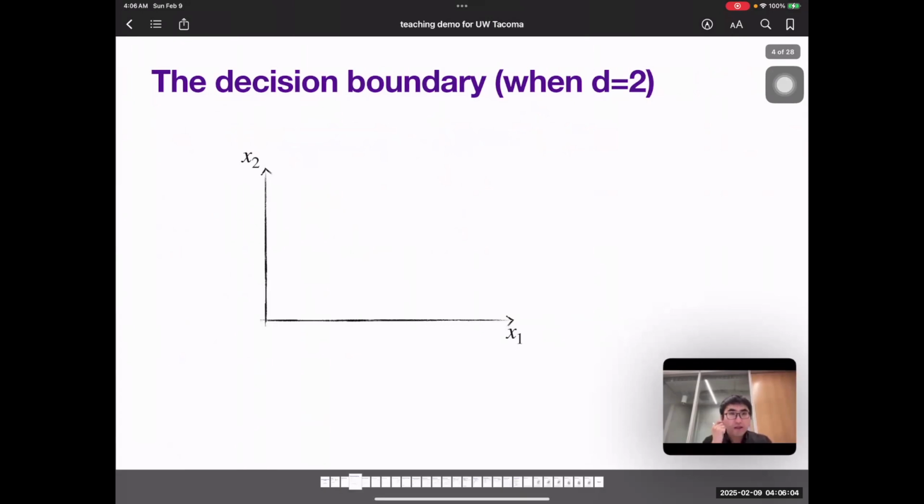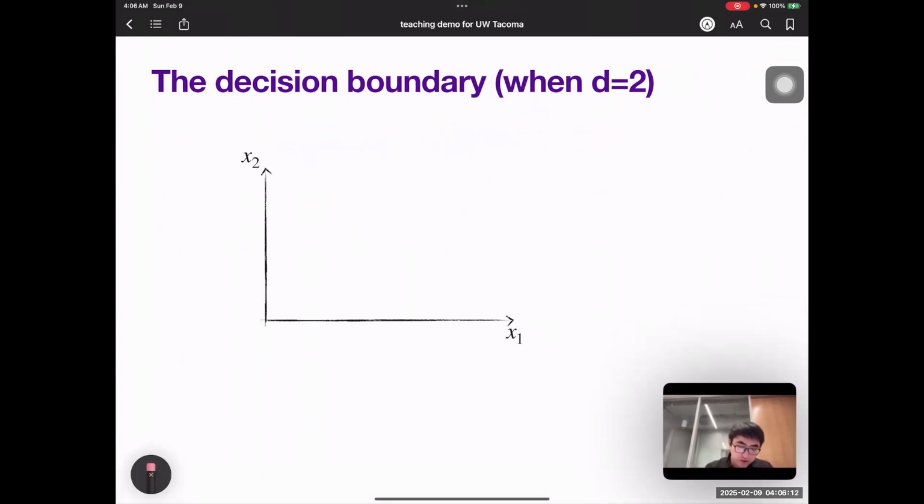An important concept in the perceptron algorithm is called the decision boundary. When D equals 2, the decision boundary corresponds to a line. The line is defined by beta transpose X plus beta naught.